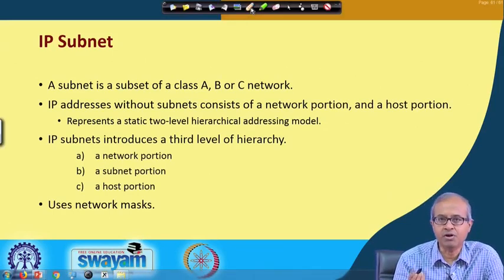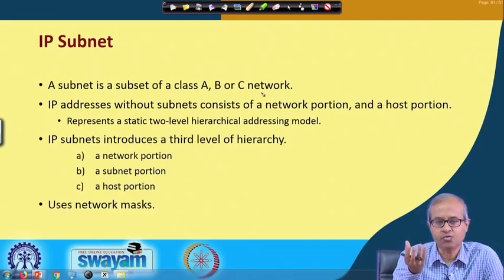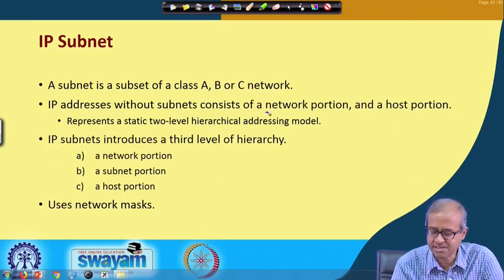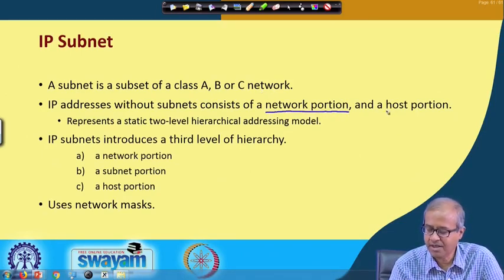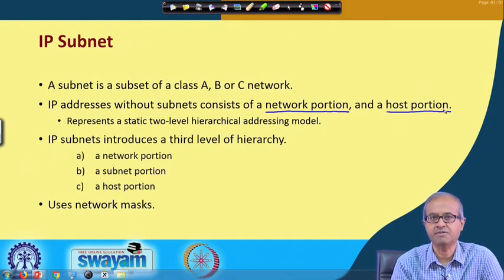Earlier we have already talked about the class A, B or C IP networks. There, we had seen that we are using a two level hierarchical address to identify a particular host on the network. The address consists of a network part and a host part.